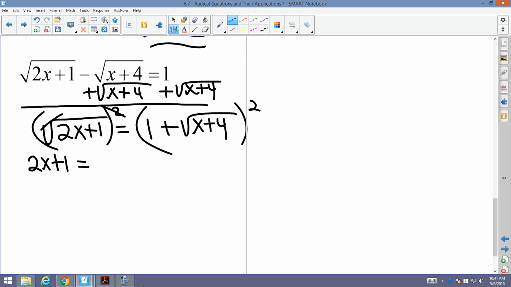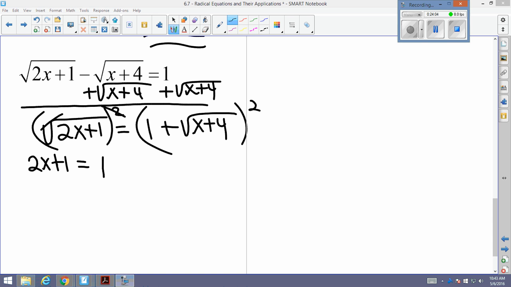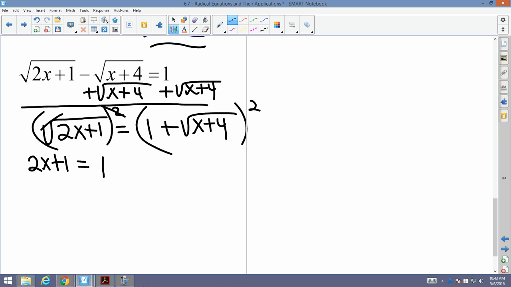I believe in you. So when I go ahead and square a perfect square binomial, it's the first term squared, which is 1. Okay, boys. So first term squared is 1, because 1 times 1 is 1. Plus, what's the first term times 2 times the second term? 2 square root of x plus 4.